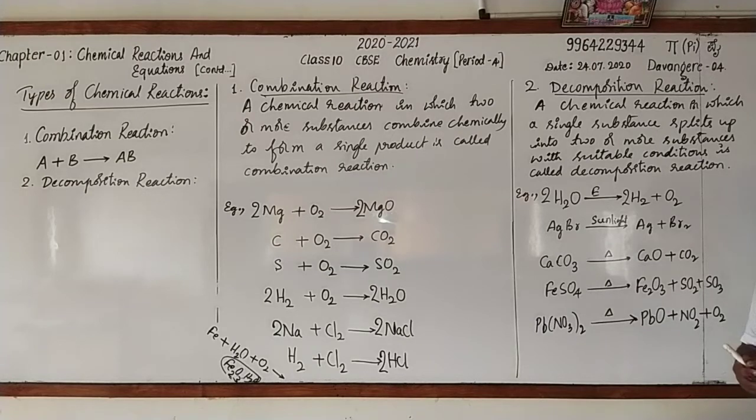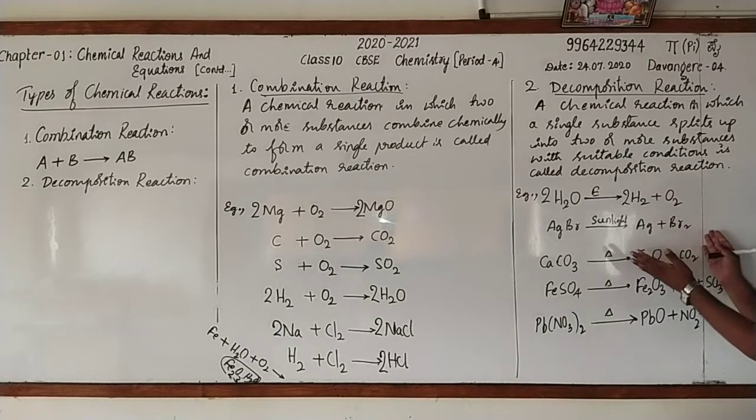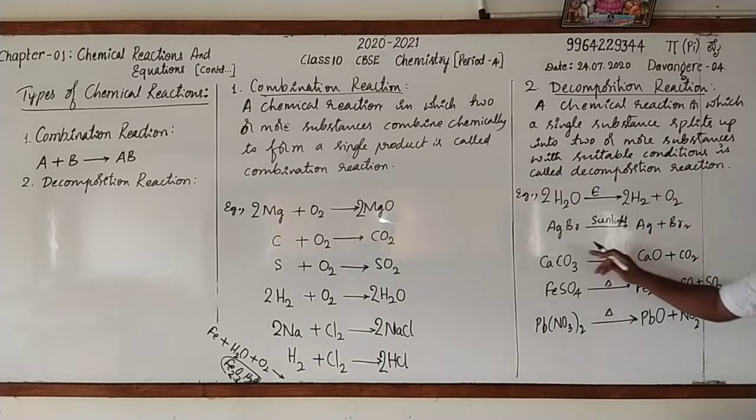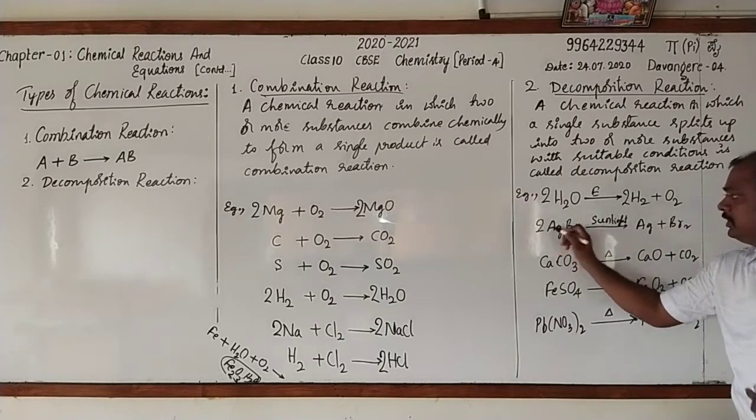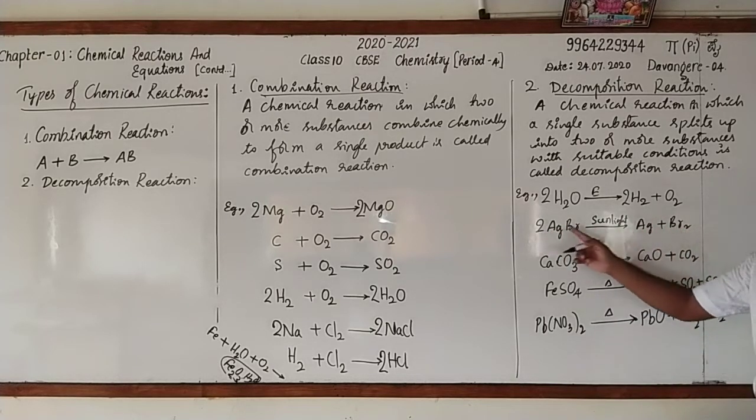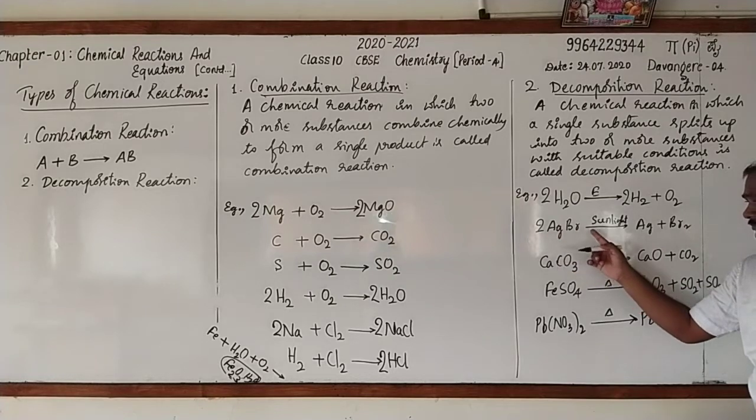Next, second one. AgBr. When silver bromide is exposed to sunlight, it decomposes into silver and bromine. Observe it. Silver is balanced, but bromine, here 1 atom, here 2, hence I will write here 2. Bromine is balanced.